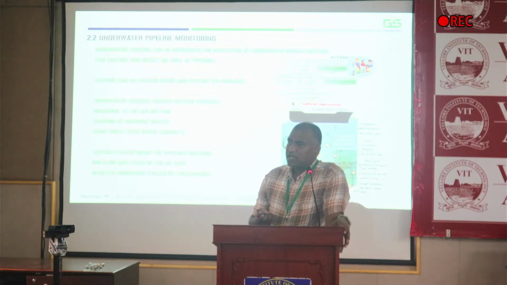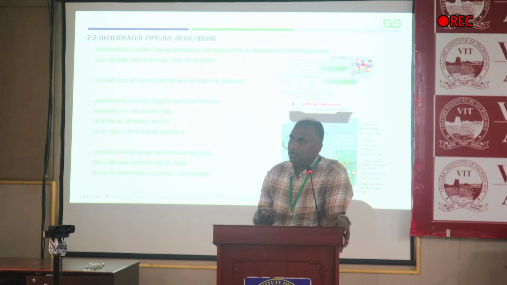Some sensors are located inside the pipelines, some are located outside the pipelines. Inside the pipeline, they measure the flow speed and all. If any difference is there in the flowing of oil, it will detect that and report to the database.